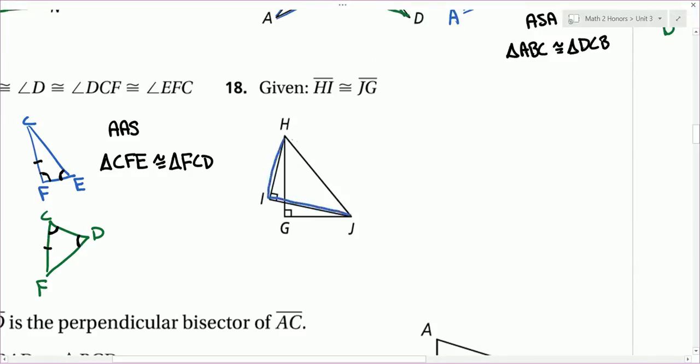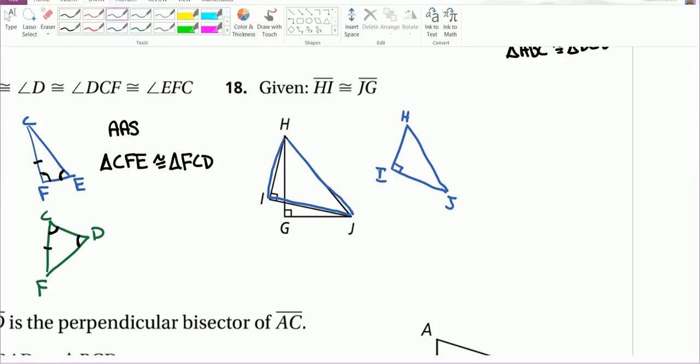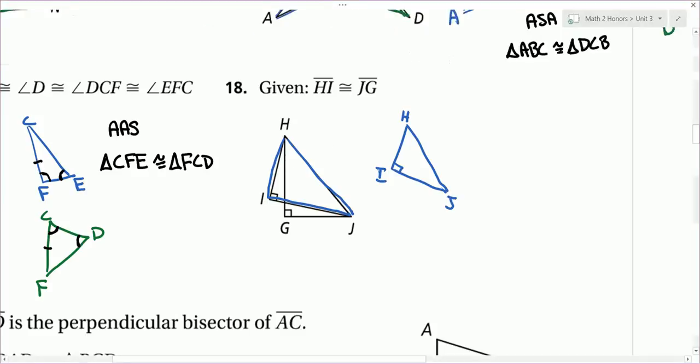I'm tracing in blue. I'm going to write first. It's a right triangle, H, I, J. The second one, also a right triangle, G, H, J. What do they share?